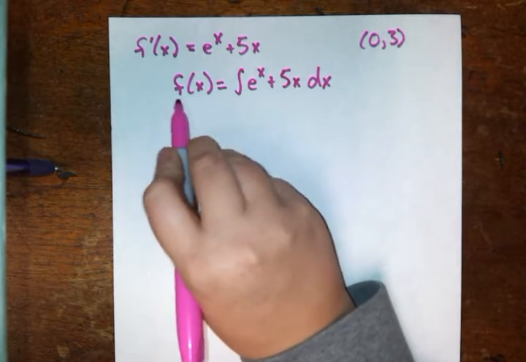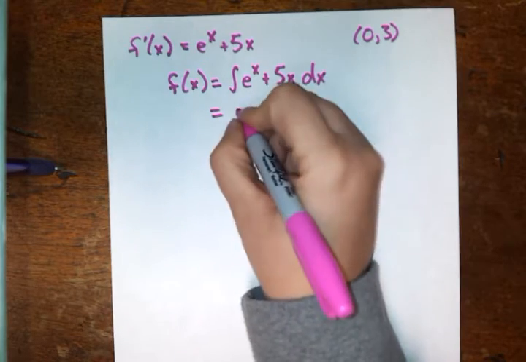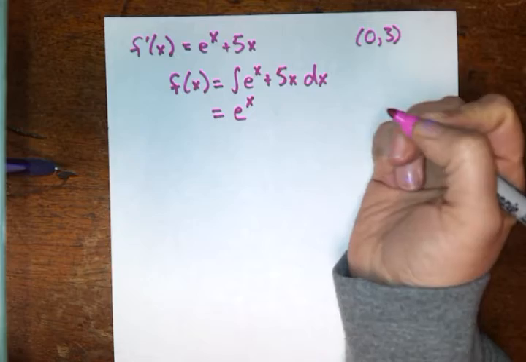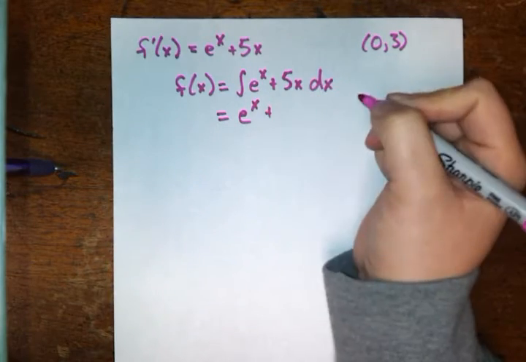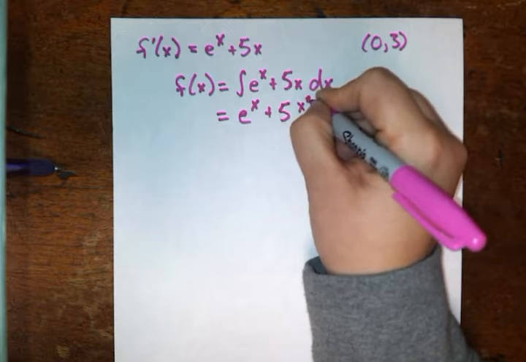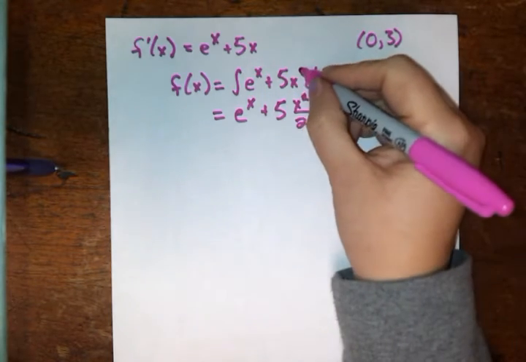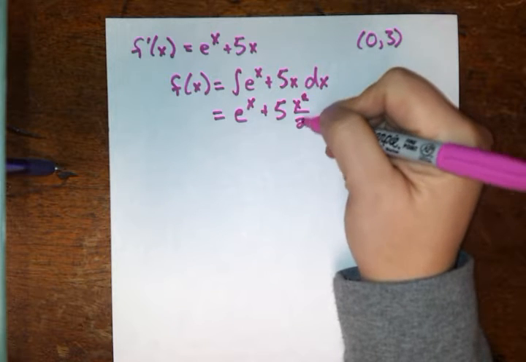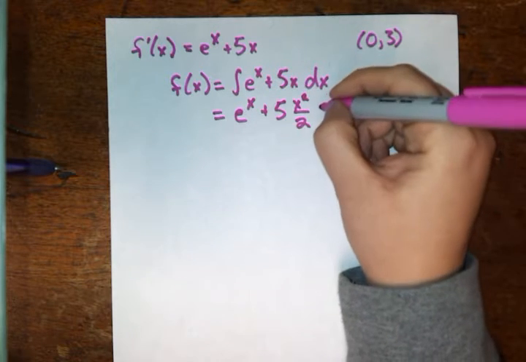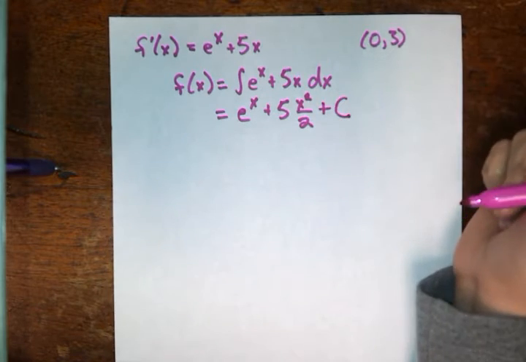We know the integral of e to the x is e to the x. Piece of cake there. We know that the integral of 5x is going to be 5x squared over 2. I just raised the exponent by 1 and put the exact thing that I've raised it to in the denominator. And then we also have the ever pesky plus c.